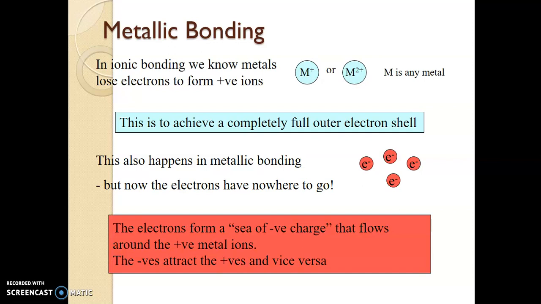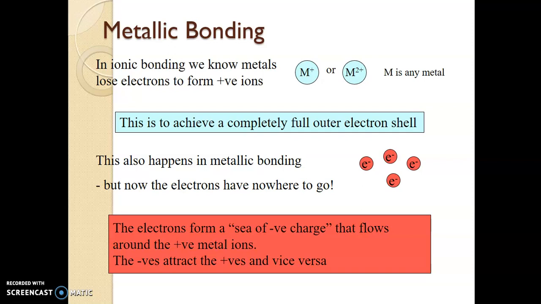And they form what we call the sea of negative charge, or a sea of delocalized electrons, which flow around the positive metal ions. Because the metal atoms lose their outer shell electrons into the structure, they become positive ions, and then you have the negative electrons moving through the structure around these positive ions.